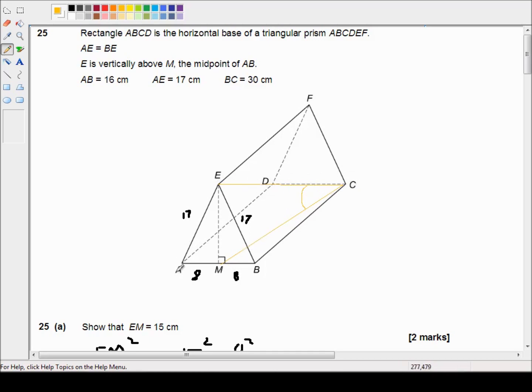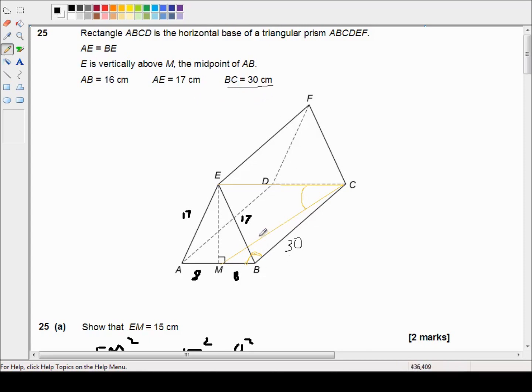Okay, so we know that ABCD is a rectangle, therefore this angle here is a right angle. So we've got this length here we know is 8 and BC we know is 30 from here.